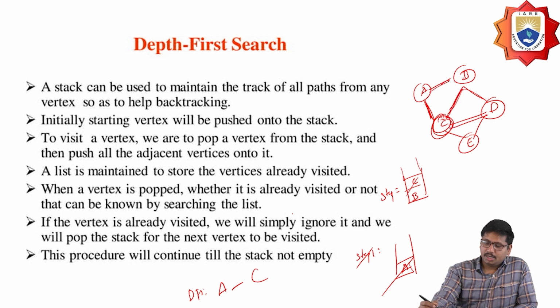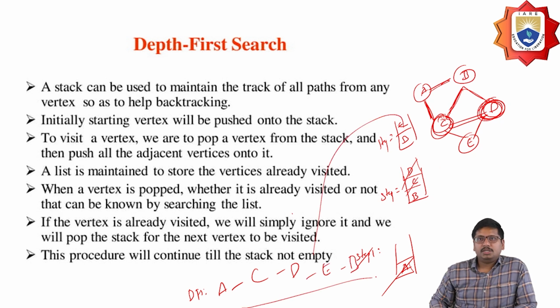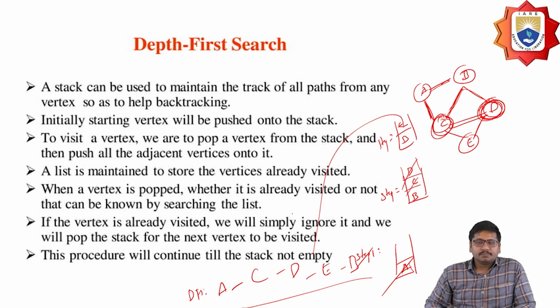B and then D. So D. And then D should be popped out. B and then C. So A should be popped out and B should be popped out. This should be the resultant DFS order of the tree.